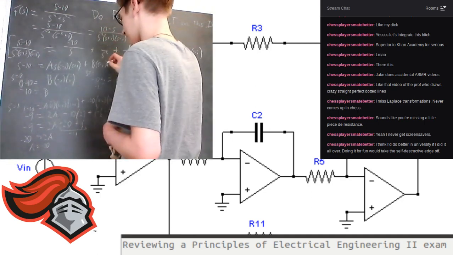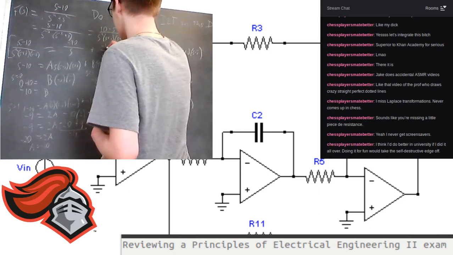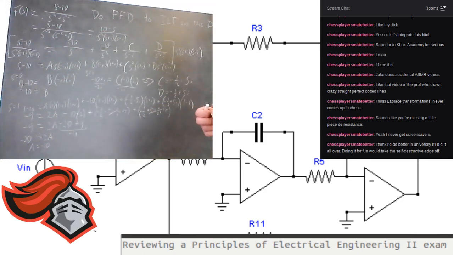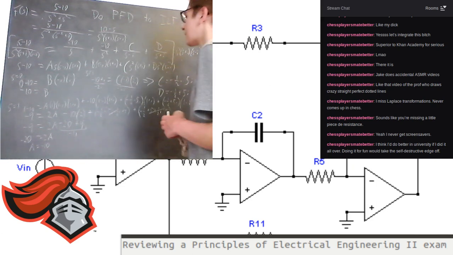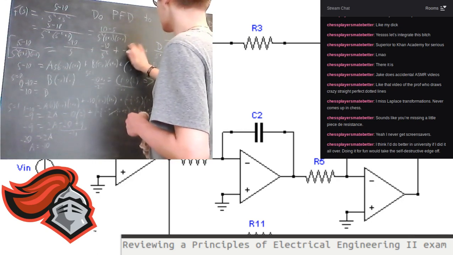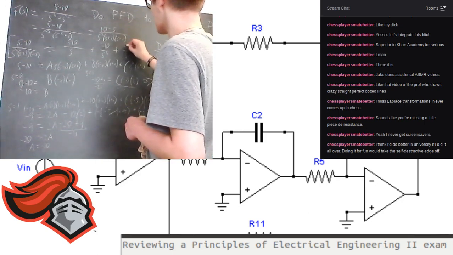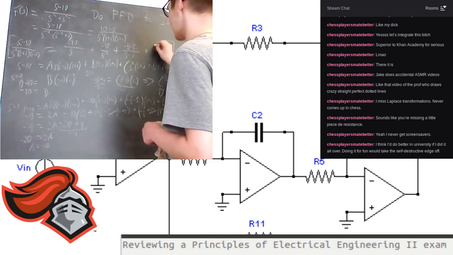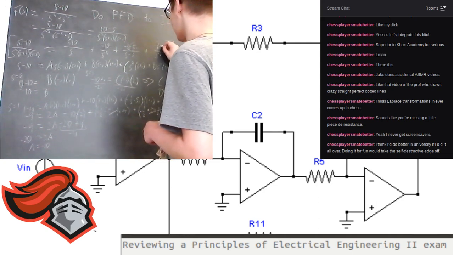B is also negative 10. 1/2 plus 5. That's 9 halves. Yeah, that's correct. Okay. C is negative 1/2 minus 5i, and D is negative 1/2 plus 5i.